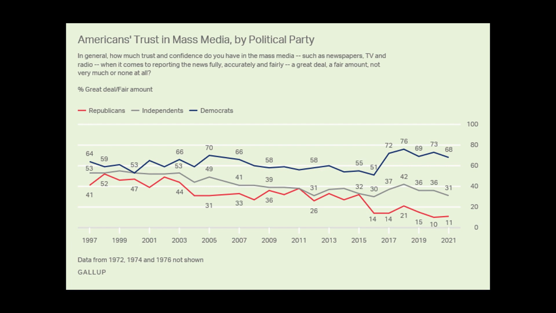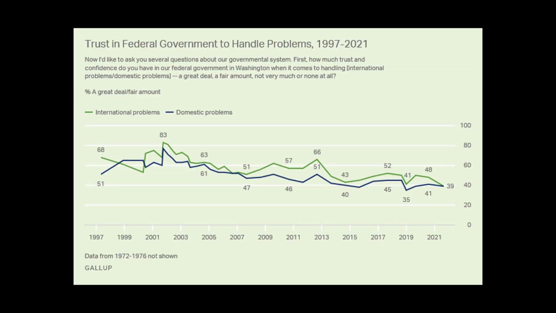And we have to think about the impact and the consequences that this attitude has on other topics. It's not surprising that simultaneously we are also witnessing a historic decline in trust in the federal government. Only about 39% of Americans trust a great deal or a fair amount in the federal government's ability to handle problems.